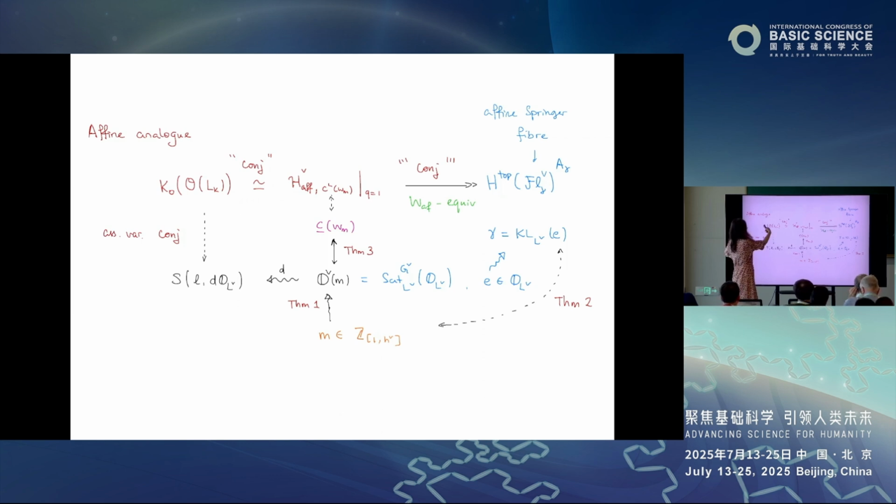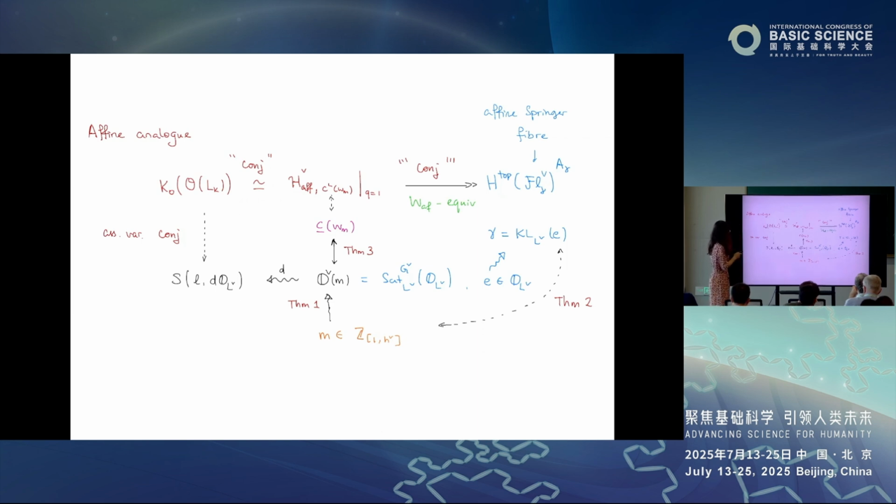And then, well, this is some wishful thinking, but we basically want to think about these modules over the simple affine vertex algebra in the category O as modules of the enveloping algebra of the affine algebra quotient by some primitive ideal corresponding to that weight.